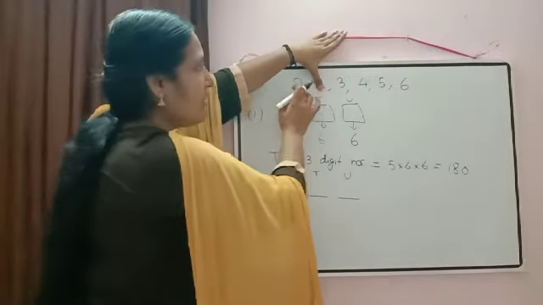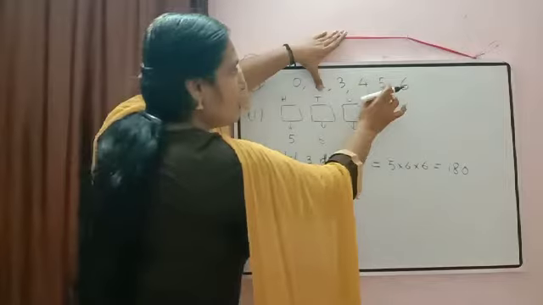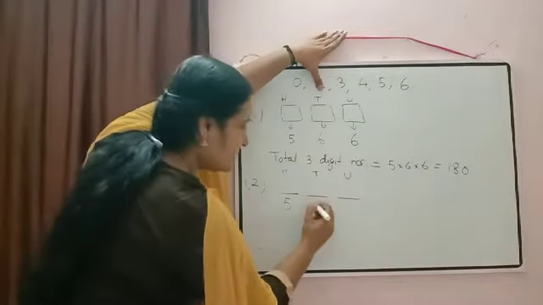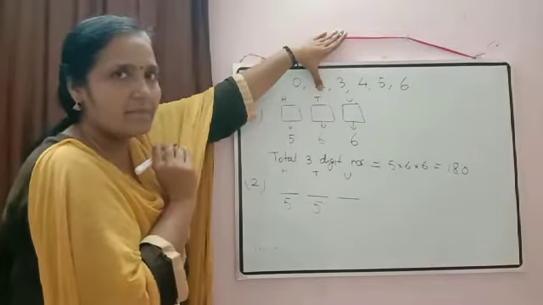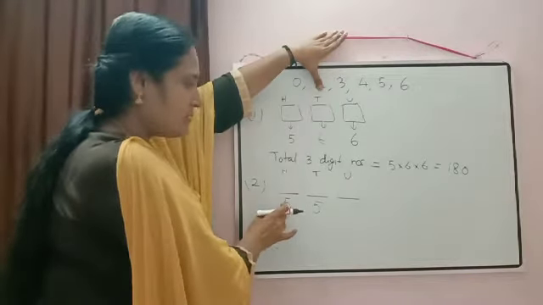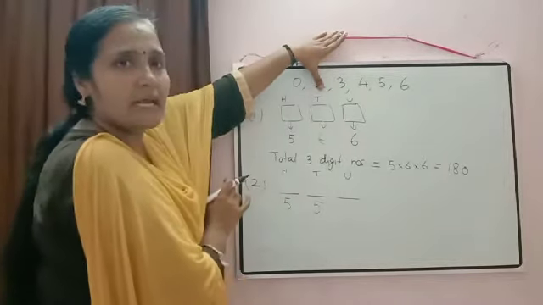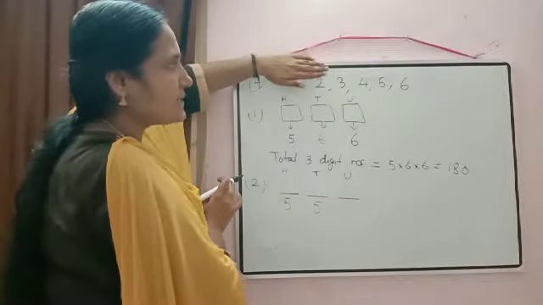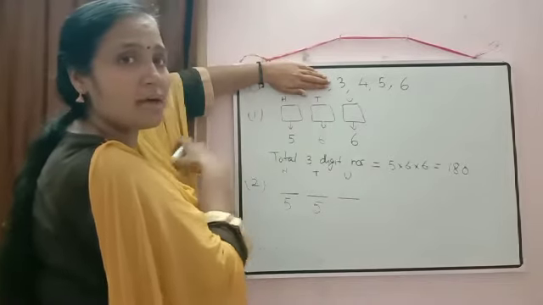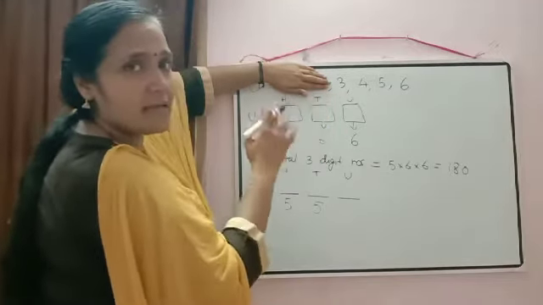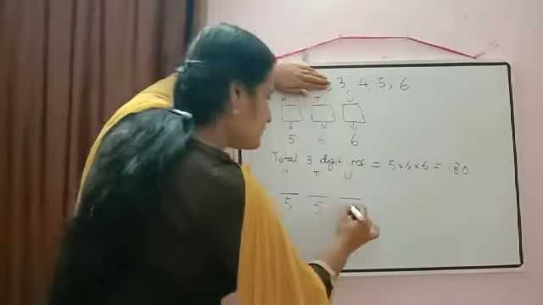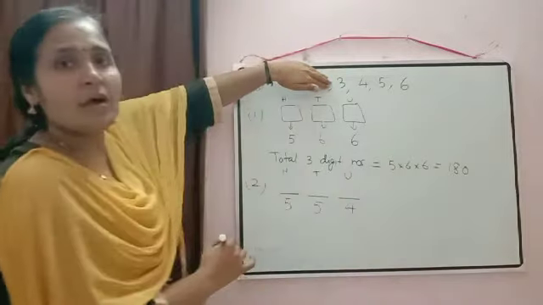So we have the available options 0, 3, 4, 5, 6, and the tens place can be filled in 5 ways. Clear? Now we filled the hundreds place and the tens place, so 2 numbers are used up. Remaining, 4 numbers are there. So the unit place can be filled in 4 ways.